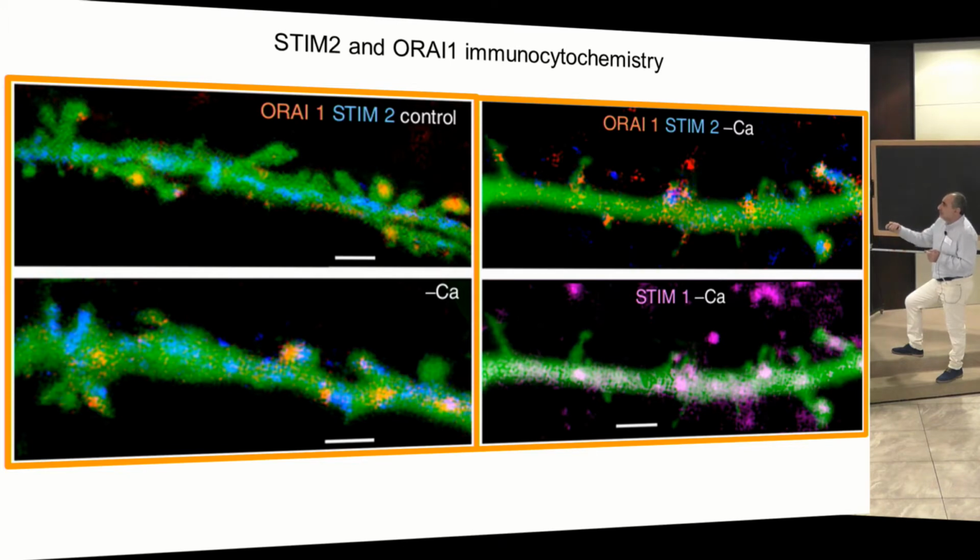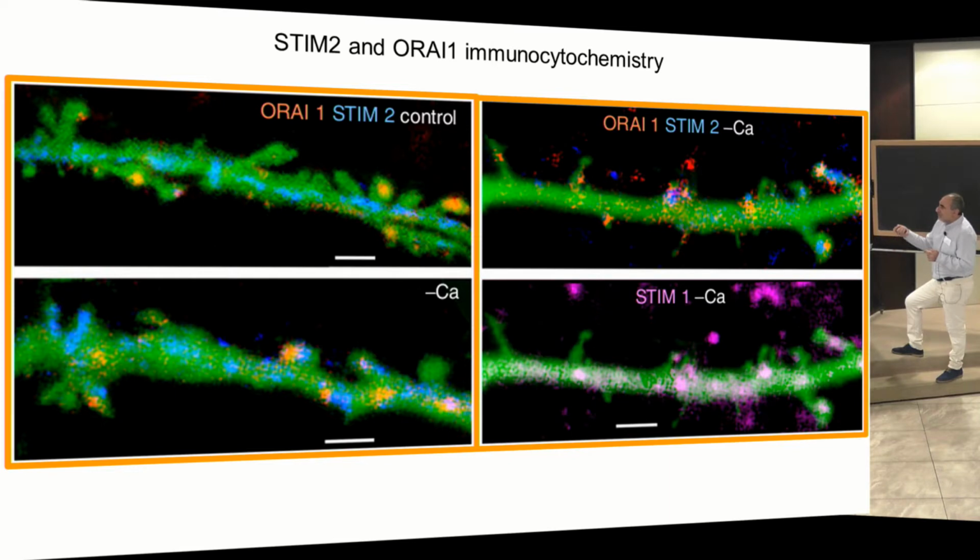I mean, we can take a piece of dendrite and apply these two antibodies against STIM, and in this case, pay attention, STIM2, not STIM1, it's important, and ORI1. So this is just the normal case when ORI is in some spines and STIM is mainly in the dendrite.